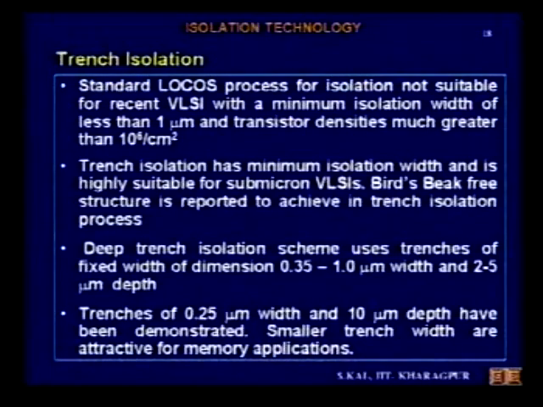Trenches of 0.25 micron width and 10 micron depth have been demonstrated. You see how much the aspect ratio is. If the aspect ratio is defined by height by width, that means 10 micron divided by 0.25.